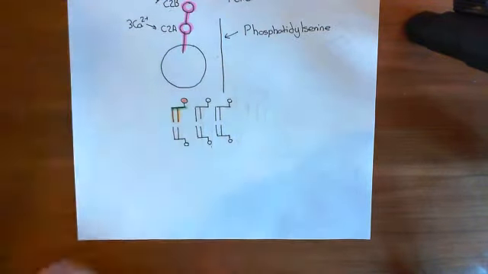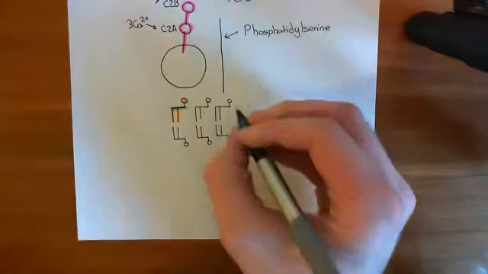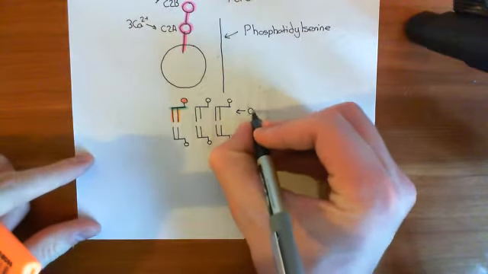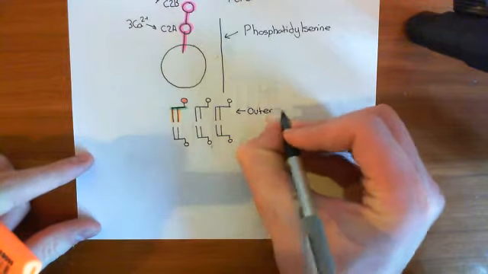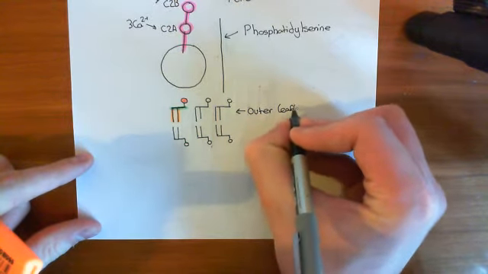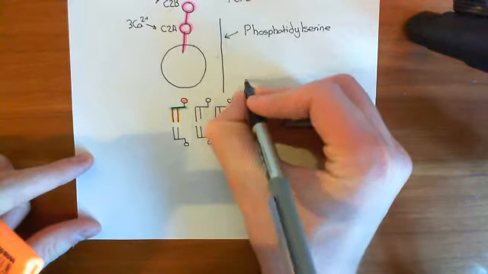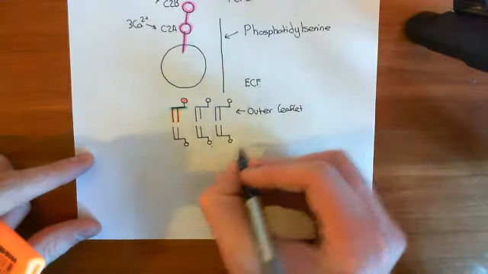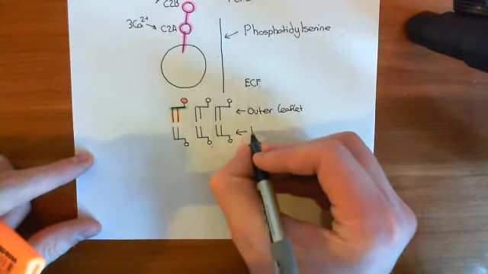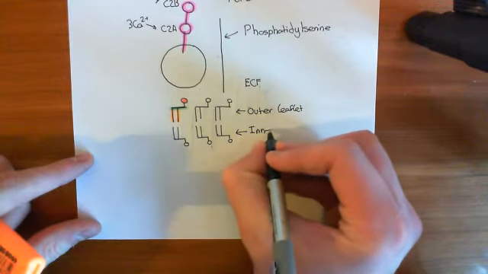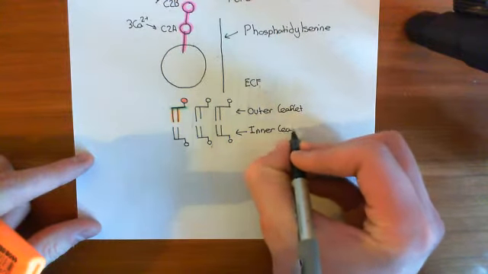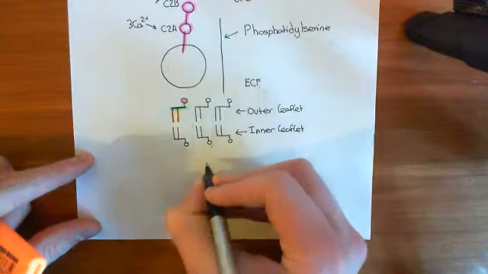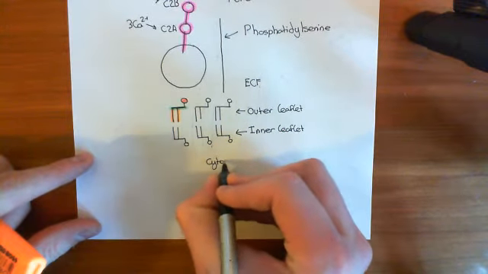So let's say this is the outer leaflet, which faces out to the extracellular fluid above here, and this is the inner leaflet of the phospholipid bilayer, which faces towards the cytoplasm here.